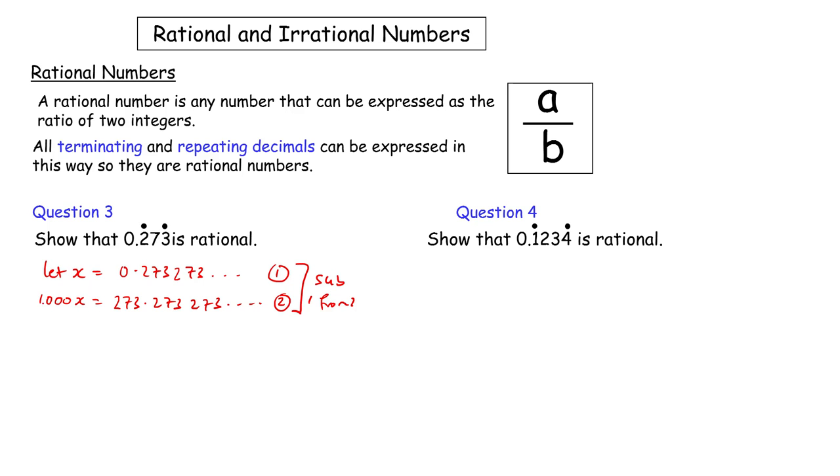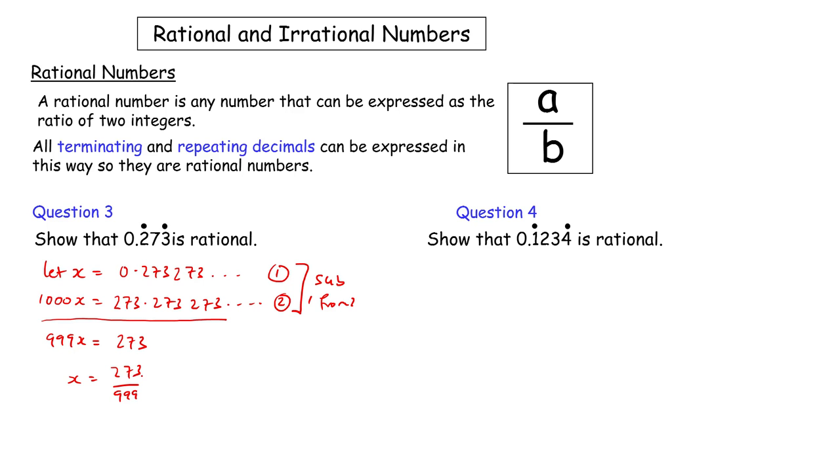And that gives me then 1,000x take away 1x. Let's draw a line. So 1,000 take away 1 is 999. x is equal to, getting rid of the decimals, 273. So that means x is going to be equal to 273 divided by 999.